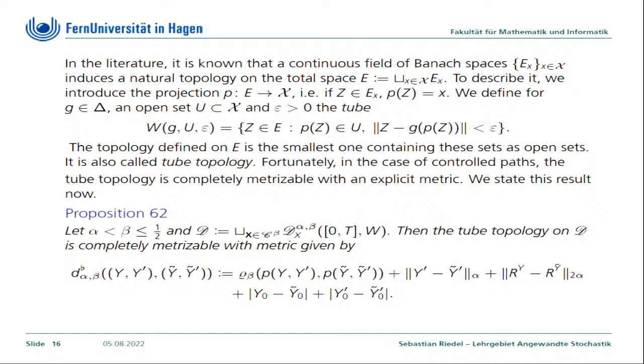Okay, so I take the total space, and then I define a metric. We call that the flat metric here. So what does it do? You take two elements in two controlled paths here that might live in different spaces.